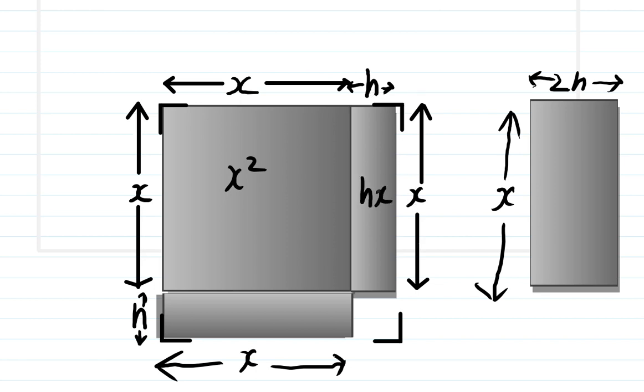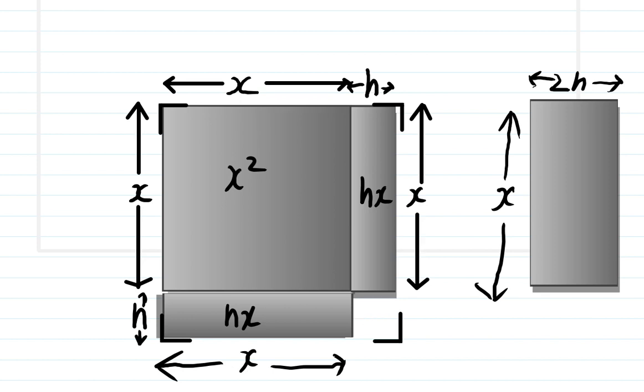H multiplied by x gives you hx. But then, look at this. I have this area here to be filled. This means that what we have is not a perfect square. It is not a complete square, because this is missing.